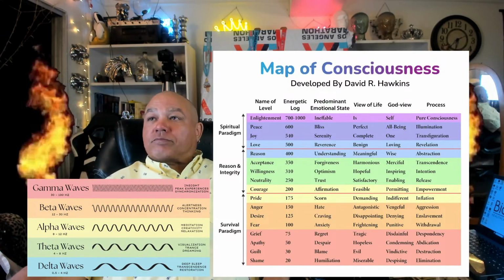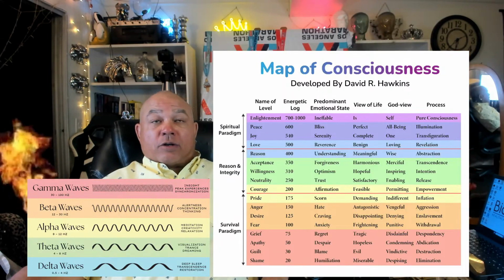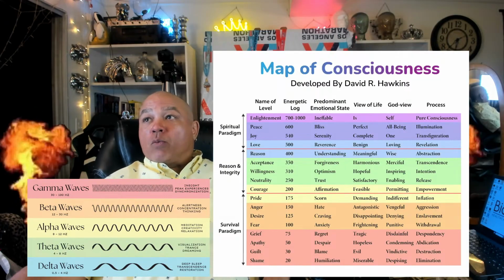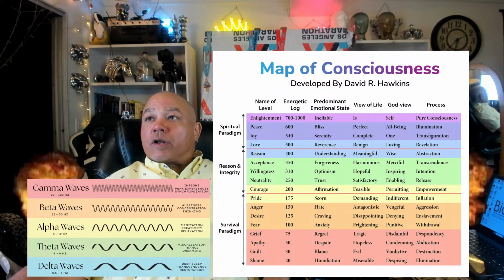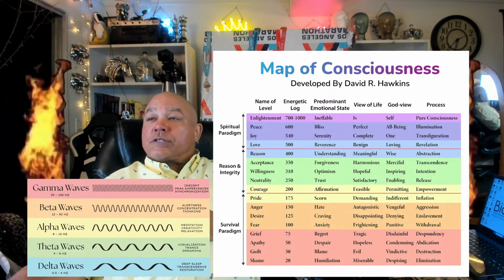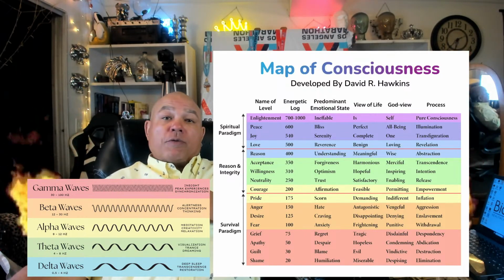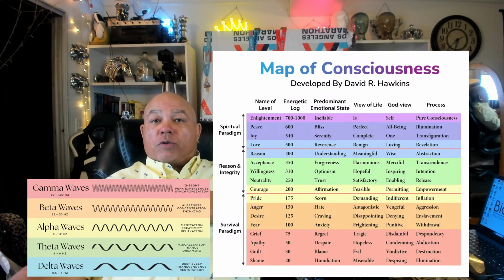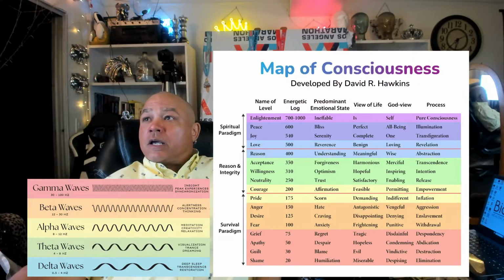I have worked with and known personally many women who are stuck at that 30 level after having abortions, after having pregnancy terminations. Depending on their religious upbringing, and well, I don't even think it has anything to do with religious upbringing, because terminating an unborn child is wrong even if you're an atheist.